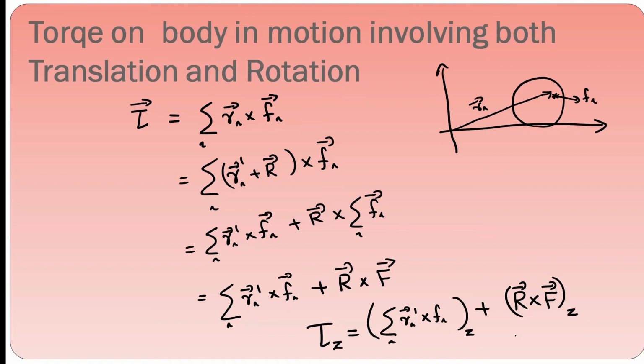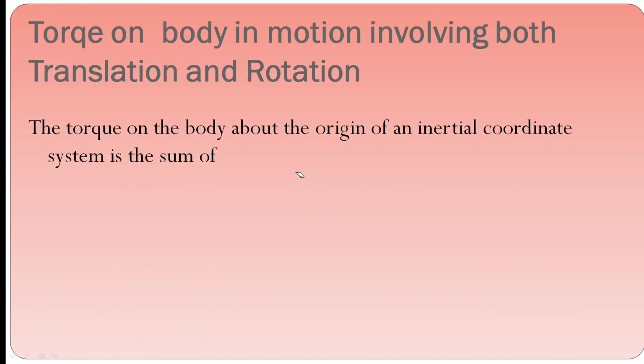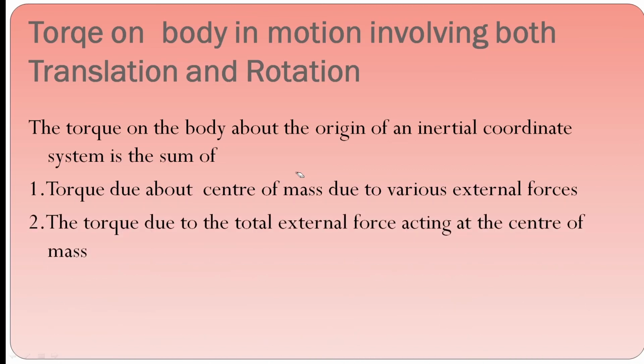Now you can see the two terms in the equation, and the torque on the body about the origin of an inertial coordinate system is the sum of torque about center of mass due to various external forces and the torque due to total external force acting at the center of mass. You just see this equation.